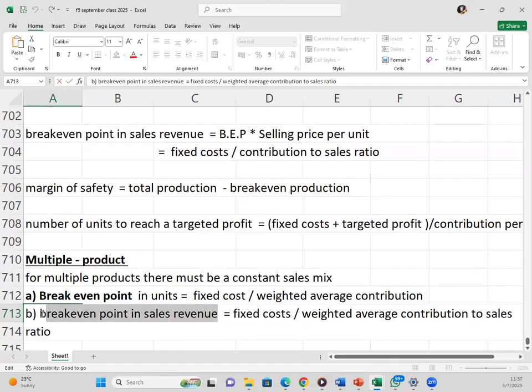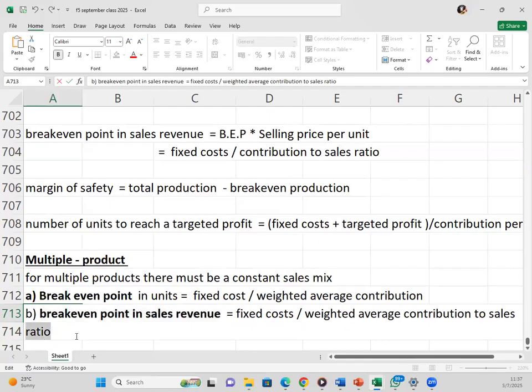I will show you how we work out the weighted average contribution and the weighted average contribution to sales ratio.